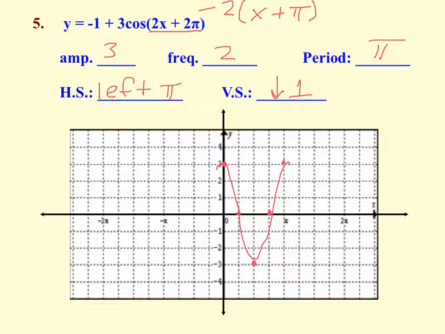So without the horizontal and vertical shift, that's what our function would look like. But with the shift to the left pi and down 1, we know that this current point at 0, 3 is going to get shifted over and down.